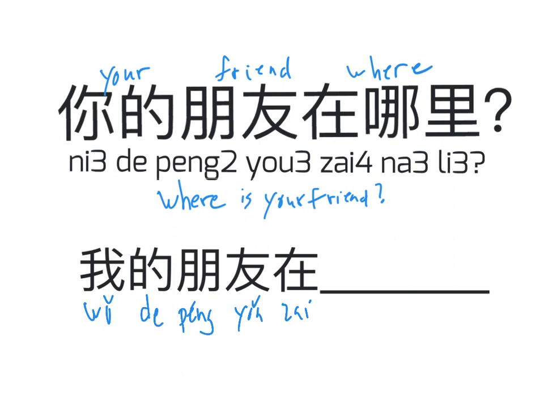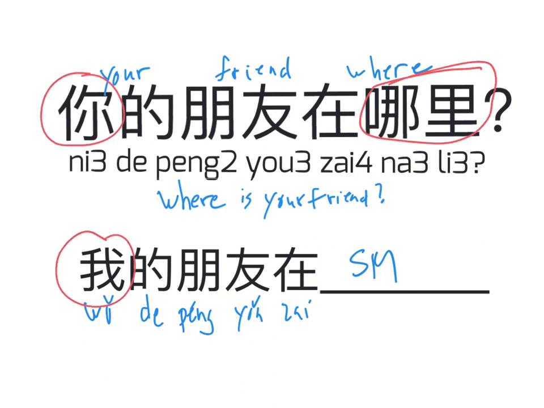You could say SM, or a city, Kawayan, or Alicia, or anything. So 我的朋友在 SM. My friend is at SM. As easy as that. Remember again to change the 你 to 我, and don't copy the 哪里, because 哪里 answers the question of where.